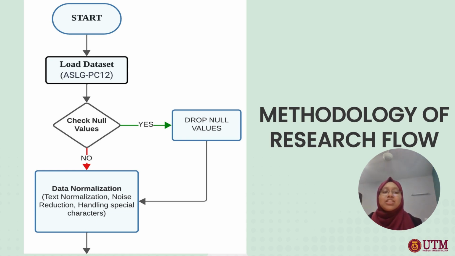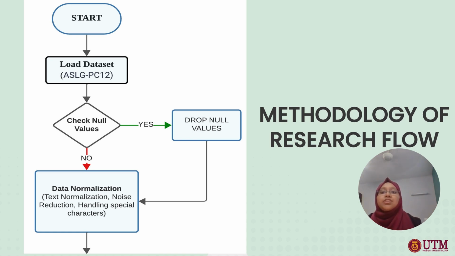So, the methodology of the research flow is, at first I load the dataset ASLG-PC12. I check the null values. If there are any null values, I drop them. And if there are no null values after the loop, I continue with the data normalization, which includes normalization, noise reduction, and handling special characters.